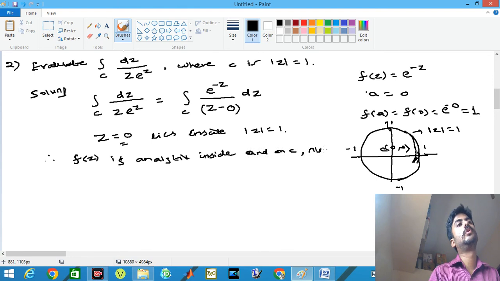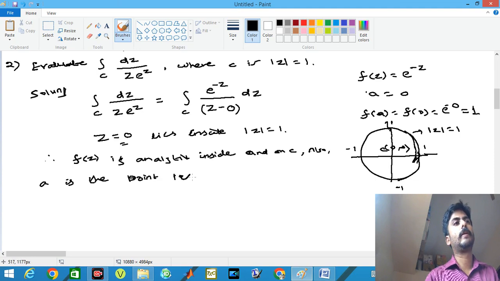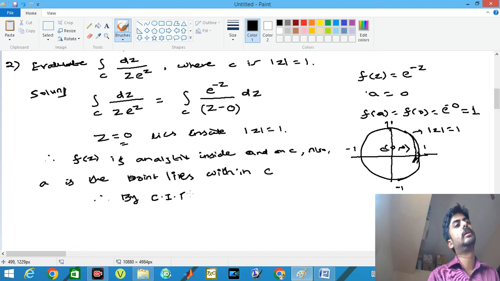Also, a is a point that lies within C. Therefore by Cauchy's integral formula, we have, what is Cauchy's integral formula?